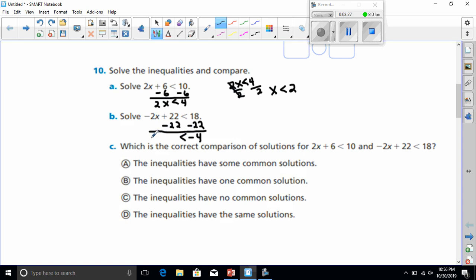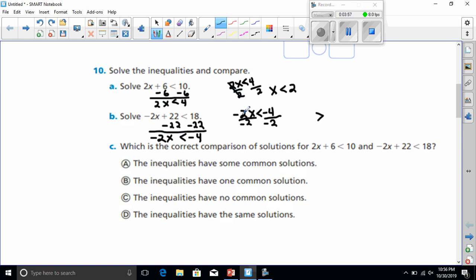And then negative 2x. Here's where it gets a little tricky. Remember, when we have a negative coefficient like we do here, and we go to divide or multiply that coefficient away, in this case we're going to be dividing it away, whatever we divide by a negative number, we have to turn our inequality symbol in the other direction.